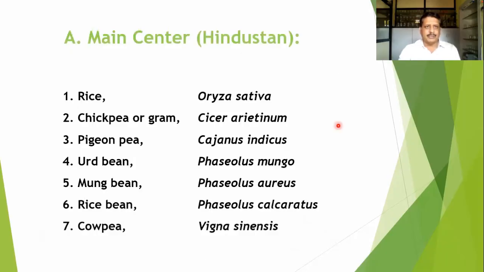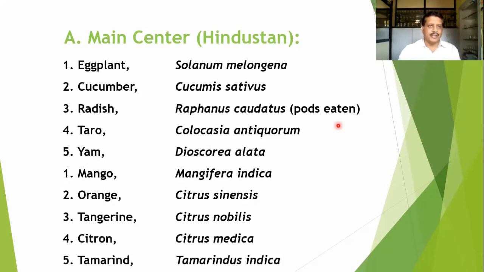The main center, we call it the Hindustan center, which is located in the Assam and Burma region. Oryza sativa, Cicer arietinum, Cajanus indicus, Phaseolus mungo, then Phaseolus aureus, then Phaseolus calcaratus, and Vigna sinensis. These are from the Assamese and Burmese origin.